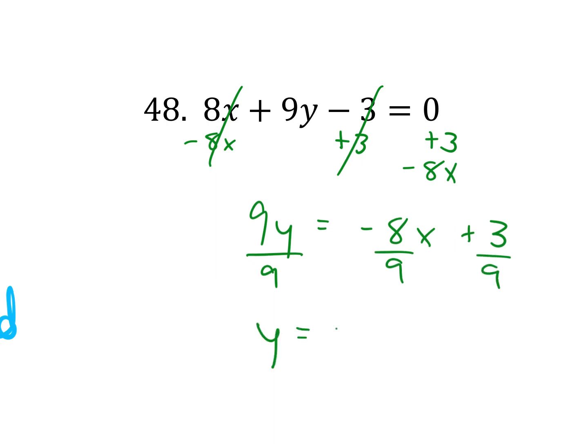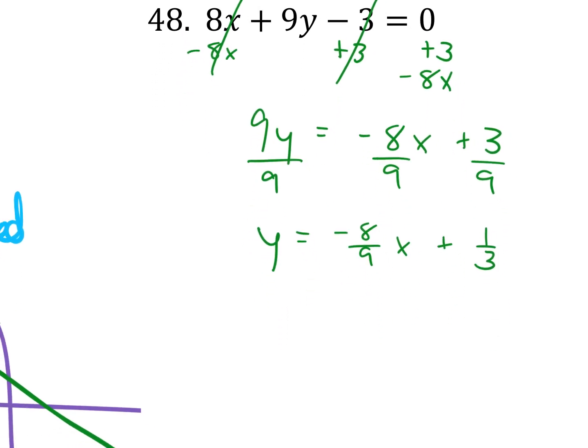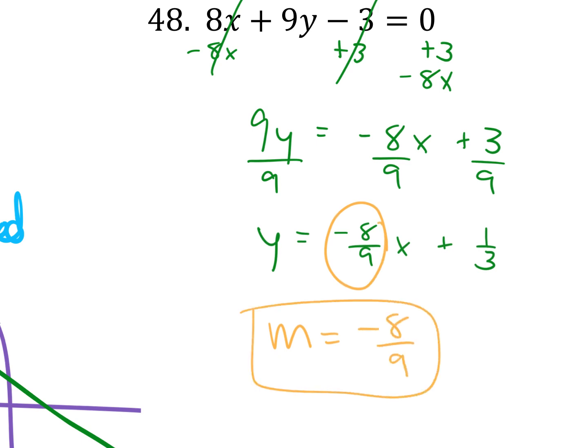So y is equal to negative 8 over 9x plus 1/3. What would our slope be here? Negative 8 over 9. So it's just whatever's in front of the x. Once you make it y equals mx plus b, whatever's in front of the x is your slope.